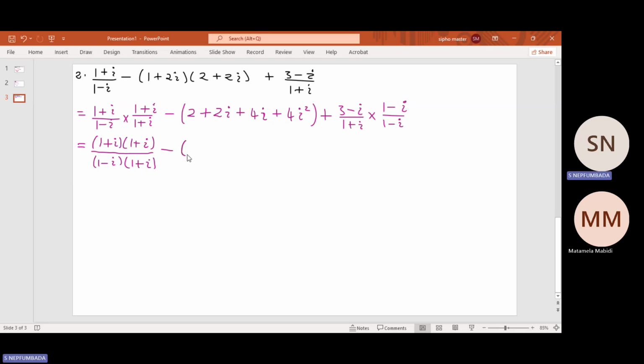Then minus, inside the brackets, we've got 2 plus, we group the like terms. This is 6i. Then this is plus 4 into, we know that this is minus 1. Is that so? Yeah. Are you sure? Yes, I'm following.